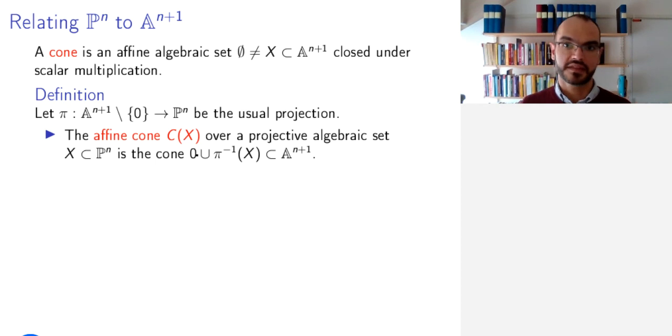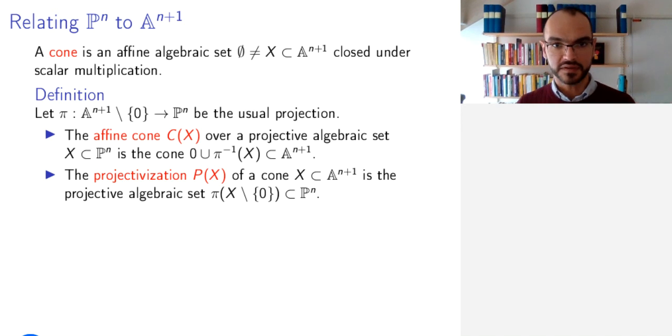And what this does is simply for any point in projective space, namely for any line in affine space through the origin, you include the whole line in this affine cone. So this is a cone. In the other direction, if you start with a cone, remove its 0 and project it, you get the projectivization of this cone.